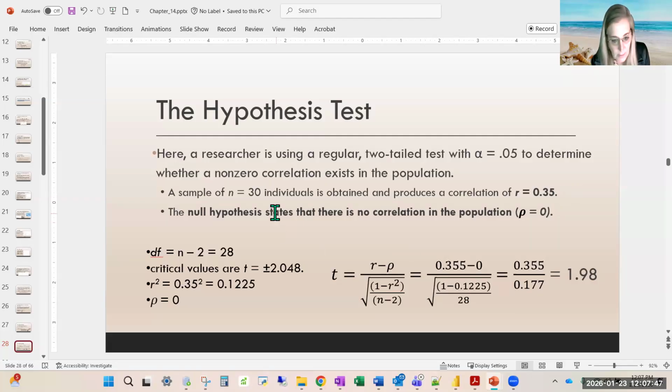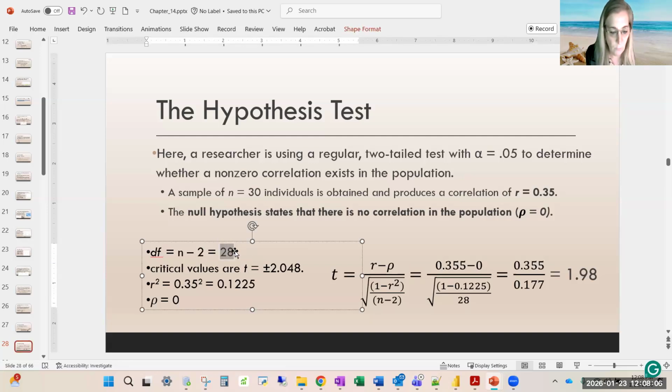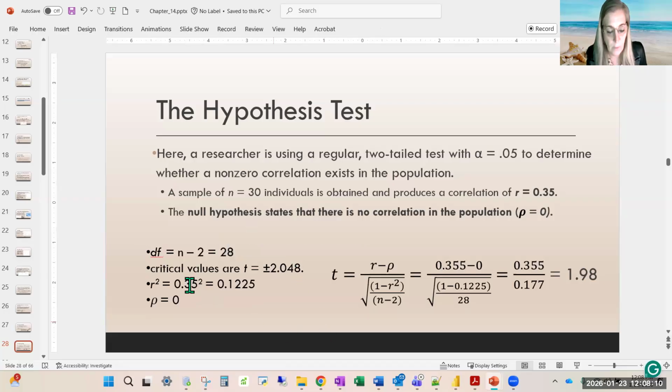The null hypothesis states that there is no correlation in the population. So we have degrees of freedom n minus 2. All of the participants were 30, so 30 minus 2 is 28. The critical values, when you look them up on the t-table using degrees of freedom of 28, are plus or minus 2.048. So we want to see if we have significant results here.